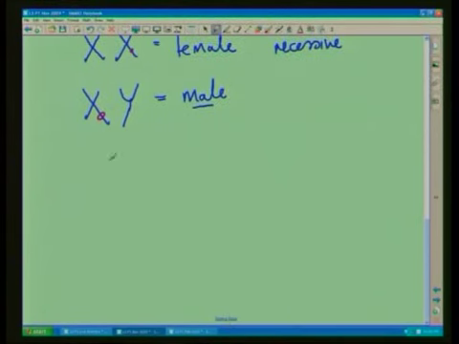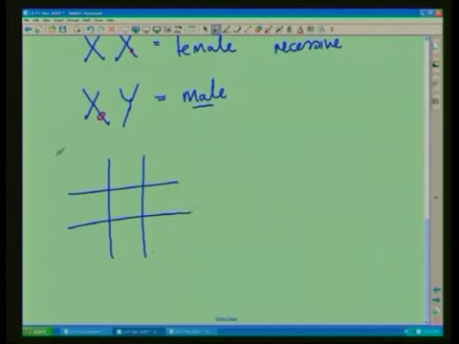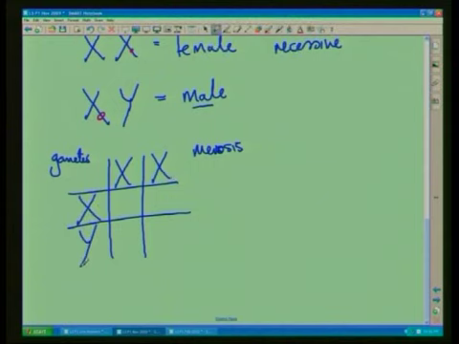So if we do the crossing, it looks like this. Okay, we've got our gametes, and during meiosis you'll have independent segregation, so we'll have XX and XY. So we're now going to take our little hemophilia gene, and we're going to put it there.